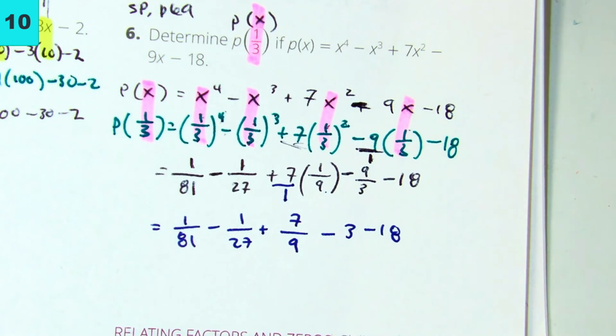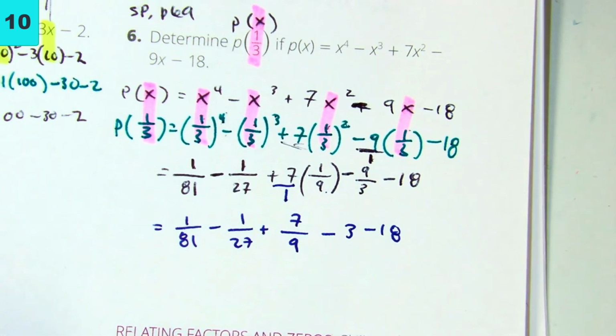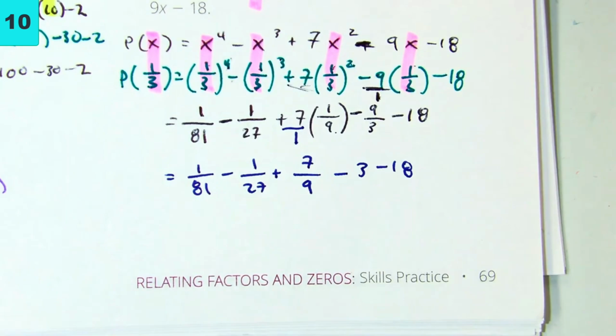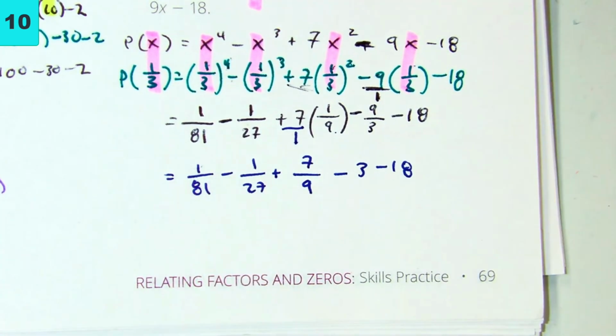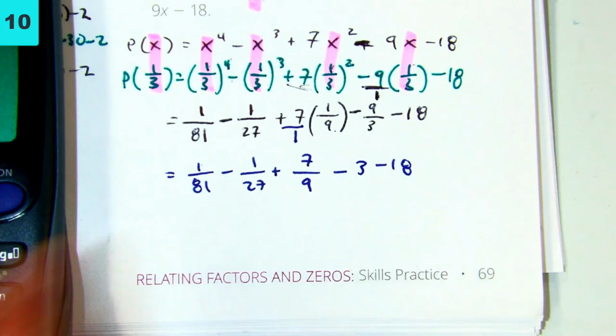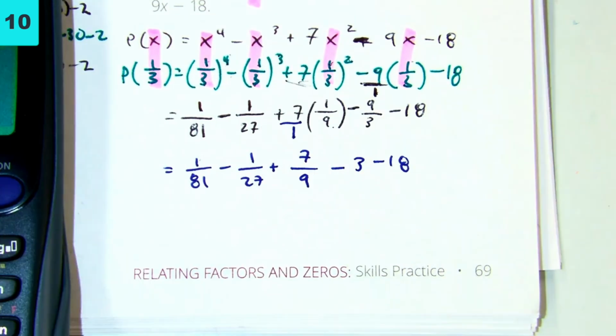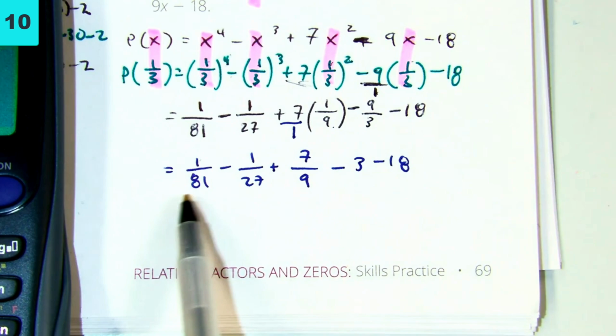And this one doesn't look like a fun fraction to work with. You could get a fraction, but you're eventually going to get a decimal anyways. So let's go ahead and convert those. What I'm going to put in my calculator is 1 divided by 81. Some of your calculators can actually put all of this in at once.